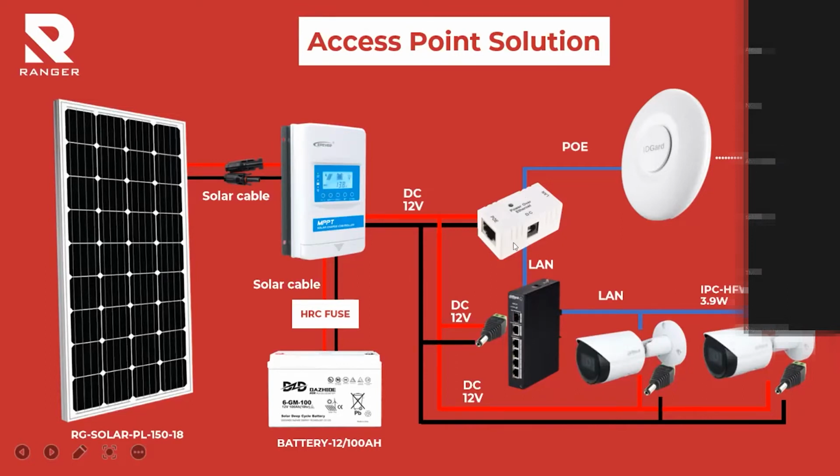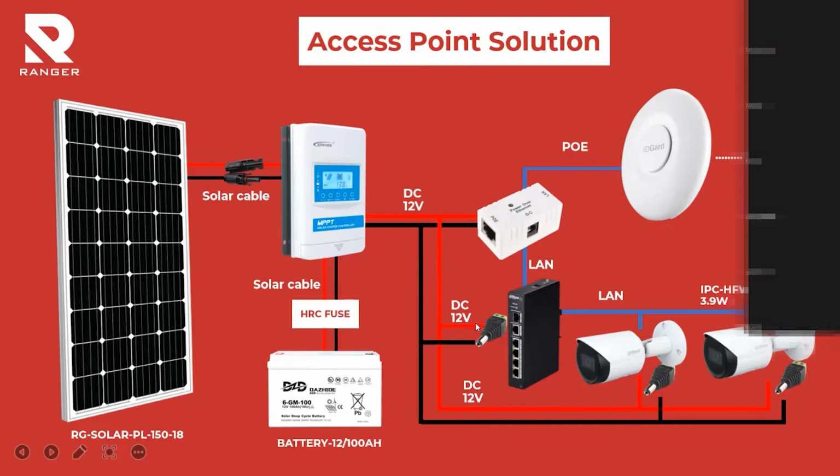This PoE injector will convert 12 volt to 24 volt. It has PoE, and this PoE can power up the access point. The access point normally takes 24 volt input, so it will be powered by PoE.